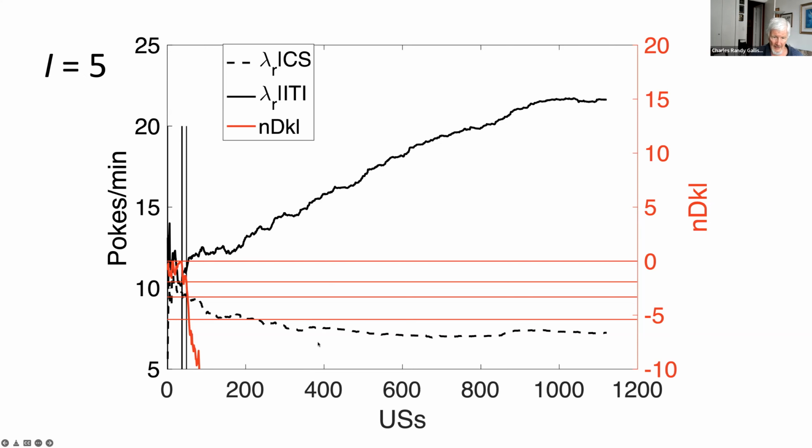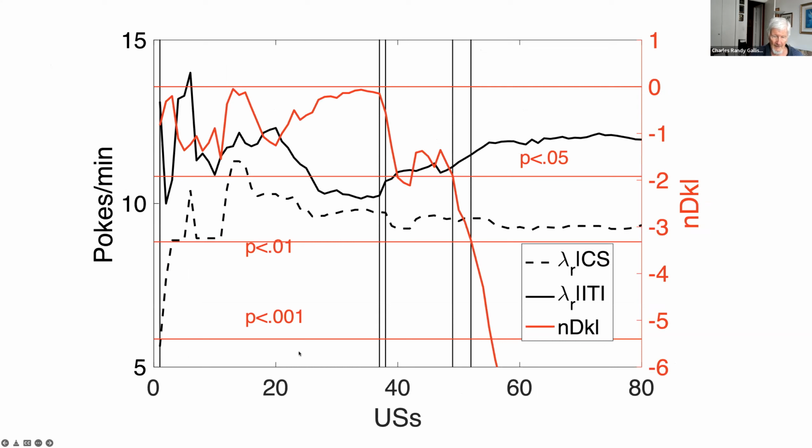So now, in the next one, this is the same data, but I've zoomed in. I've changed the X limits and the Y limits so that we can see in more detail what was going on during the period when the animal actually acquired the conditioned response.